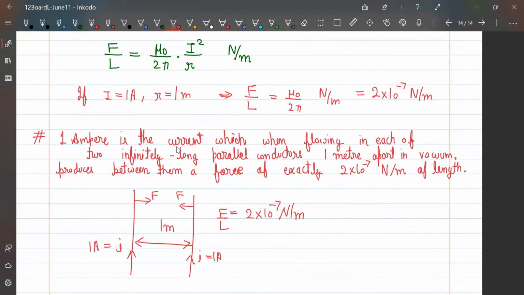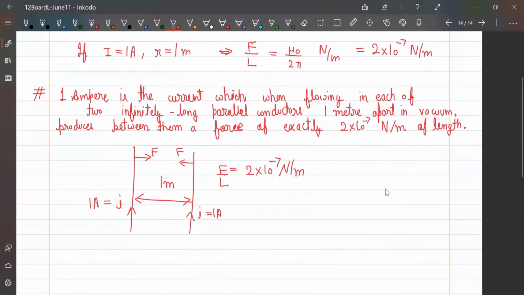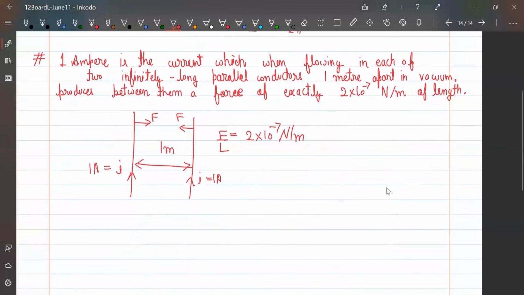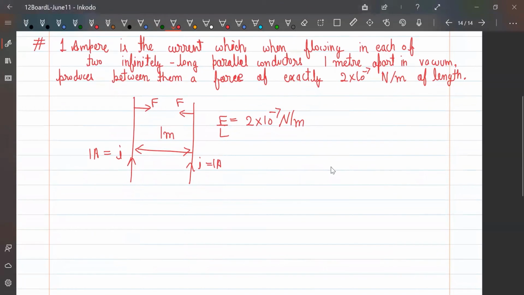So 1 ampere is the current which, when flowing in each of two infinitely long parallel conductors, 1 meter apart in vacuum, produces between them a force of exactly this much Newton per meter of length. And this is the definition of an ampere.